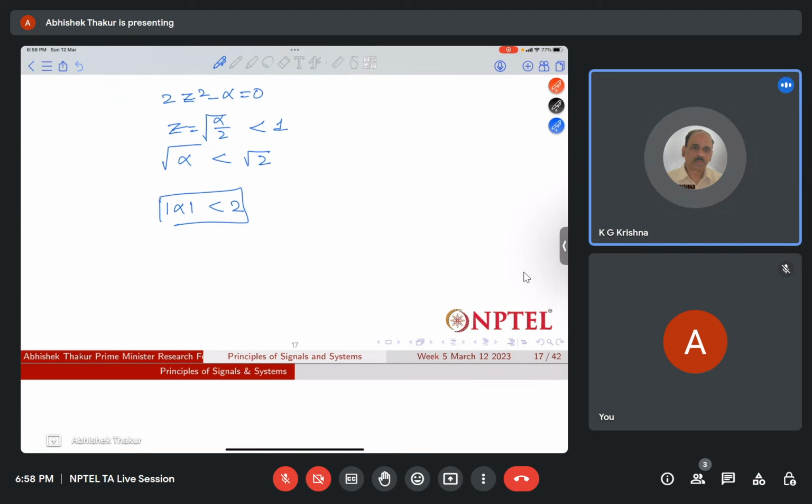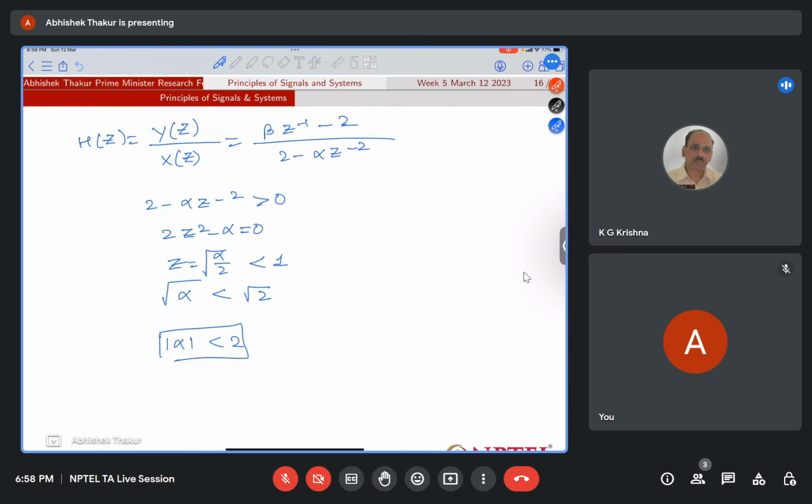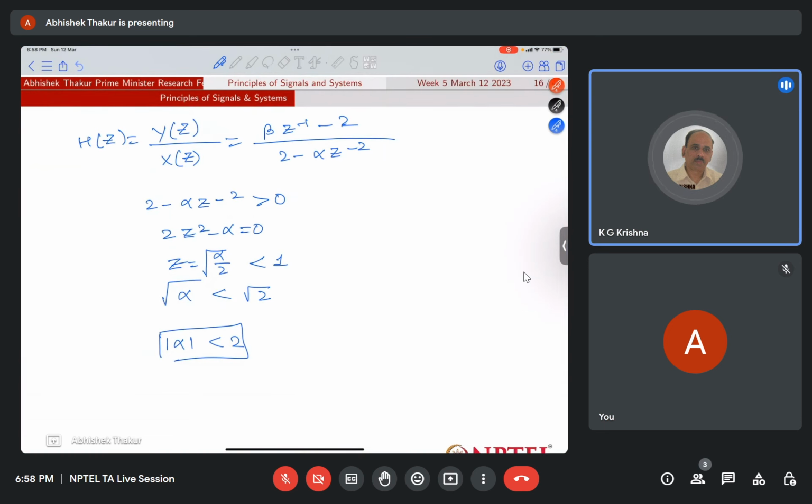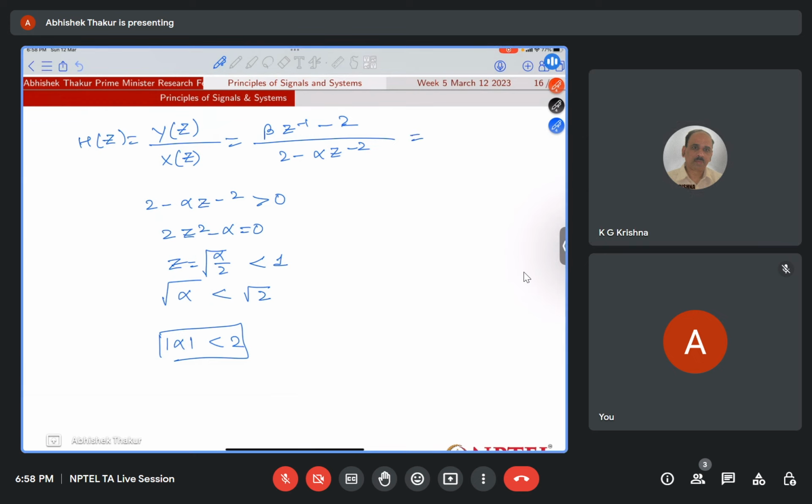Sir, here beta can be any value. Yes, yes. Okay. So beta actually defines the zeros, right? Zeros, so zeros are not. No, if we simplify this, we will get beta by z minus 2 divided by 2 minus alpha by z squared.